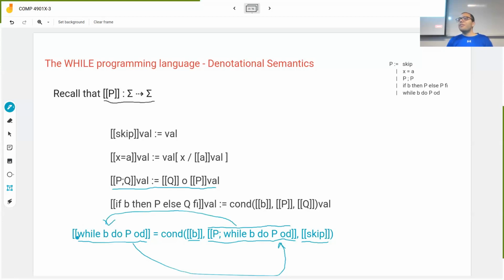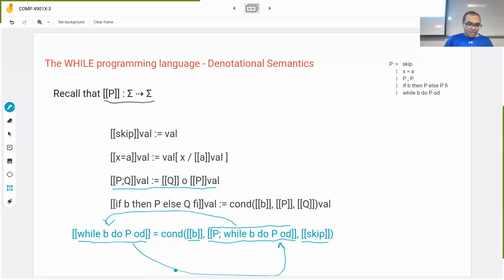So now if I want to do something like this, I basically have a cycle, and that's not okay. I cannot have a cycle in my mathematical definition because now none of them are defined. Because this semantics on the left is only defined based on the one on the right, and this one is only defined based on this one. You can't have that. That's not how induction works.